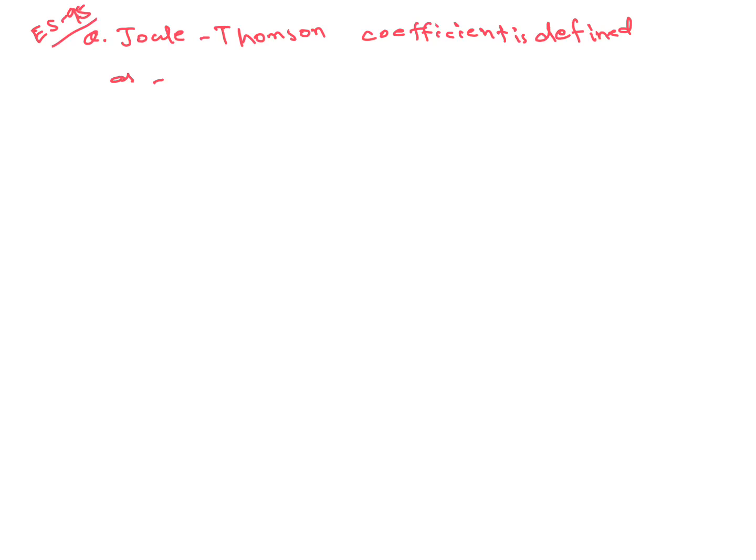This question was asked in IES 95. The question was, Joule-Thomson coefficient is defined as, then options A, B, C, D will come. Its answer is dT by dP at constant enthalpy, H is enthalpy.